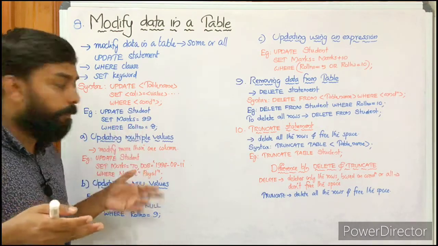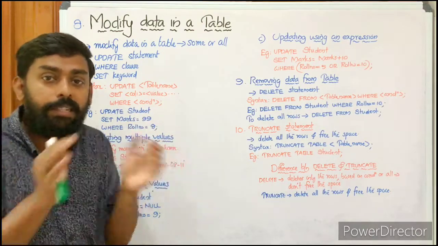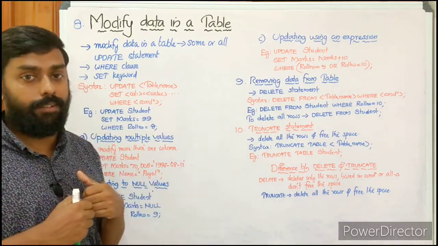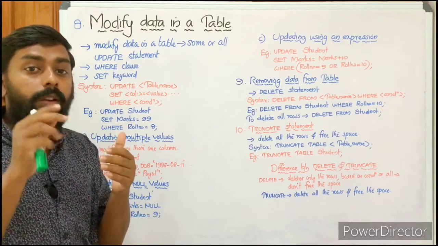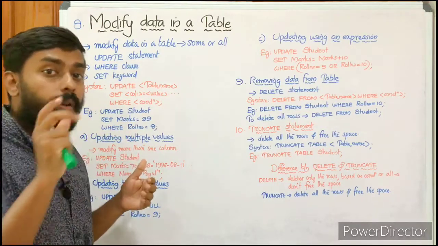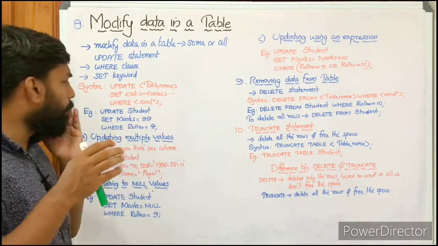Whose marks? Those of the student having roll number 8. That means we modify only one row, one column, right? We have set the marks of the student whose roll number is 8 to 99. Very simple. The other marks are left as they are.